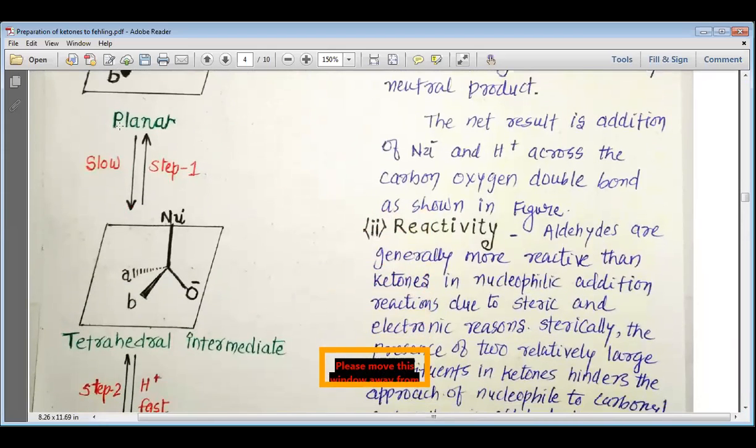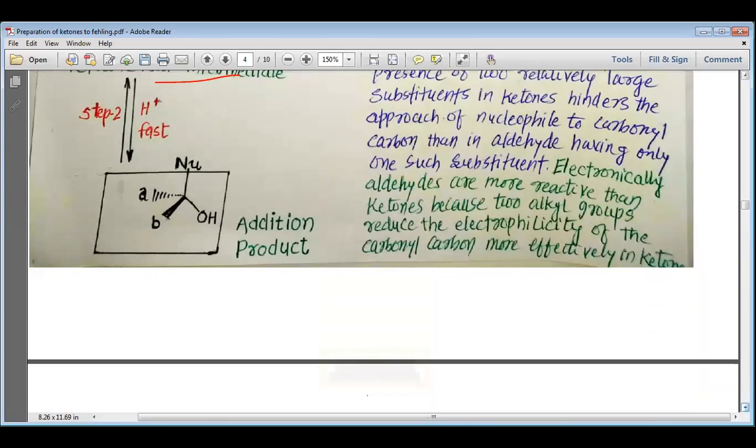The carbon in the carbonyl compound is sp2, which turns into sp3, and the planar compound, after addition of the nucleophile, turns into the tetrahedral intermediate. Oxygen acquires a proton and turns into the final addition product that contains the hydroxyl group as well as the nucleophile bonded to the carbon.